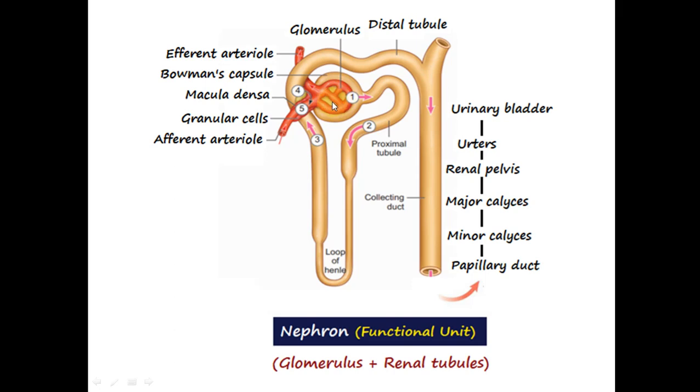But here in this situation, the blood that leaves the glomerular capillaries enters into a second set of arterioles known as the efferent arterioles, and these efferent arterioles again divide into branches to form the peritubular capillaries, and the peritubular capillaries then finally unite to form the venules and drain into the venous system.